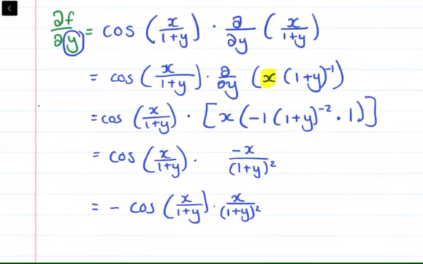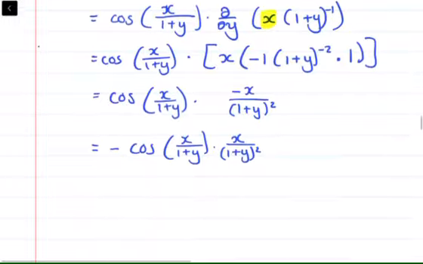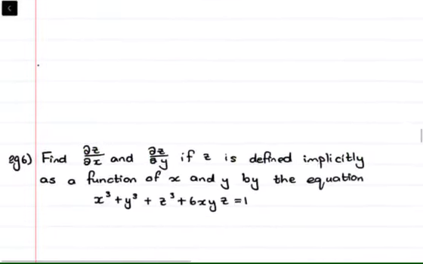Now what happens if we reach implicit differentiation? So we need to find partial z over partial x and partial z over partial y if z is defined implicitly as a function of x and y by the equation which we have there.